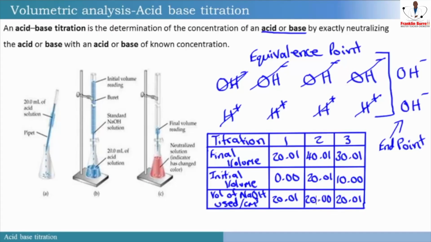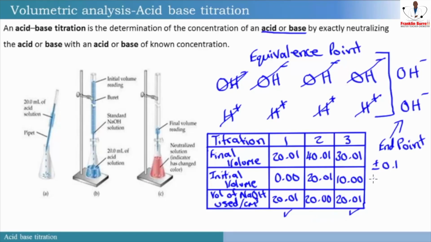Now I have my 3 volumes used. I must show the volumes that I am going to use in the calculation. So I will tick the volumes that are either the same or within plus or minus 0.1. Now if I use all 3, they would be within this particular range. But since I have 2 volumes that are very accurate, I will use these 2 volumes.